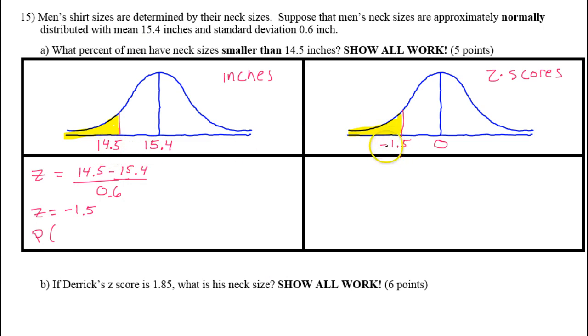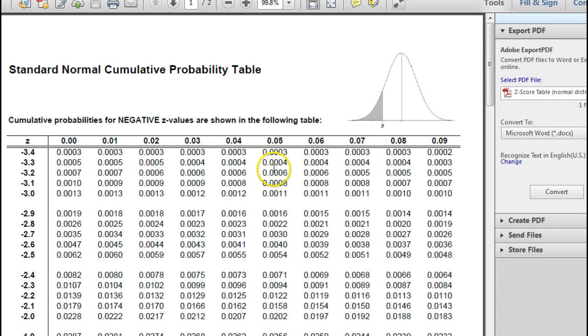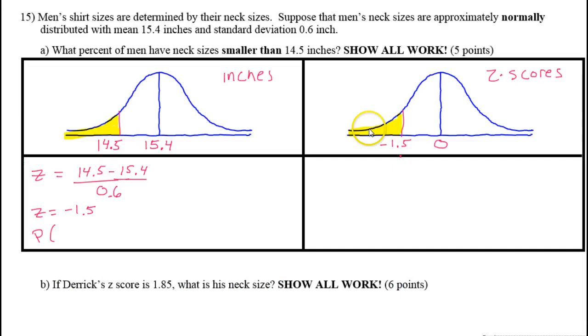So I should put that on the picture. I don't know about inches, but for z-scores, I have a whole chart. And this chart tells me the percentage of data that's to the left of any z-score. So I want the percentage of data to the left of negative 1.5. I should be able to read this off the table.